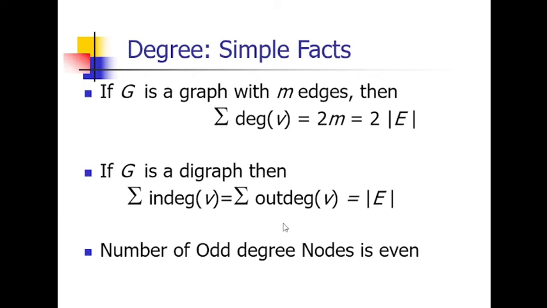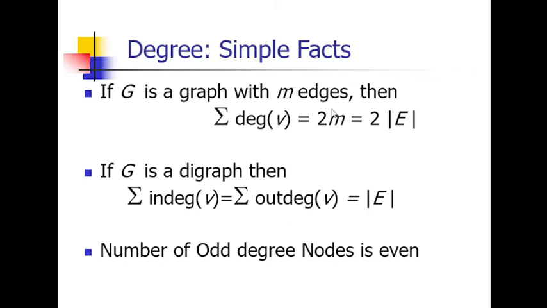So how can you find the total degree? If my graph has m edges, then the total degree of all the vertices is twice the number of edges.